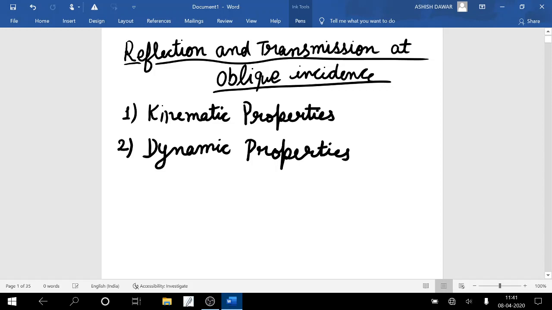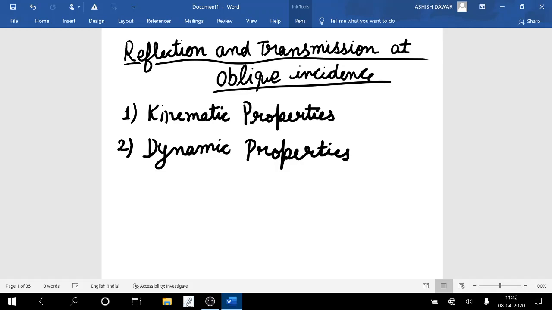In the case of kinematic properties, the laws of reflection and refraction are studied. That is, the angle of reflection equals the angle of incidence. That is the first law of reflection, and the second is Snell's law, the law of refraction. What is Snell's law? The ratio of the sine of the angle of incidence to the sine of the angle of refraction equals the ratio of the refractive indices of the mediums.